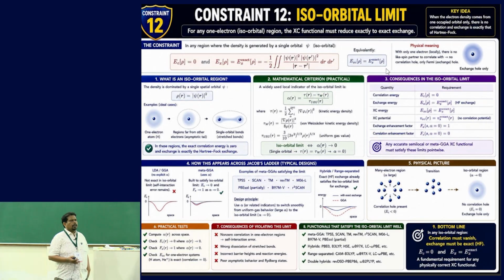There are different types of gap: fundamental gap, optical gap, and all these things. So when you are exciting one electron, suppose you are dealing with an N plus 1 system and an N system, then there is the derivative discontinuity and all these things.